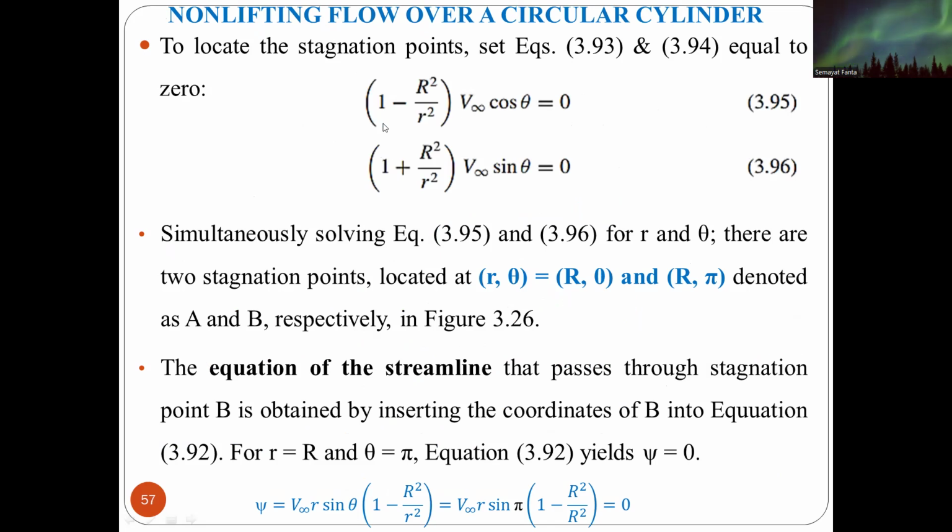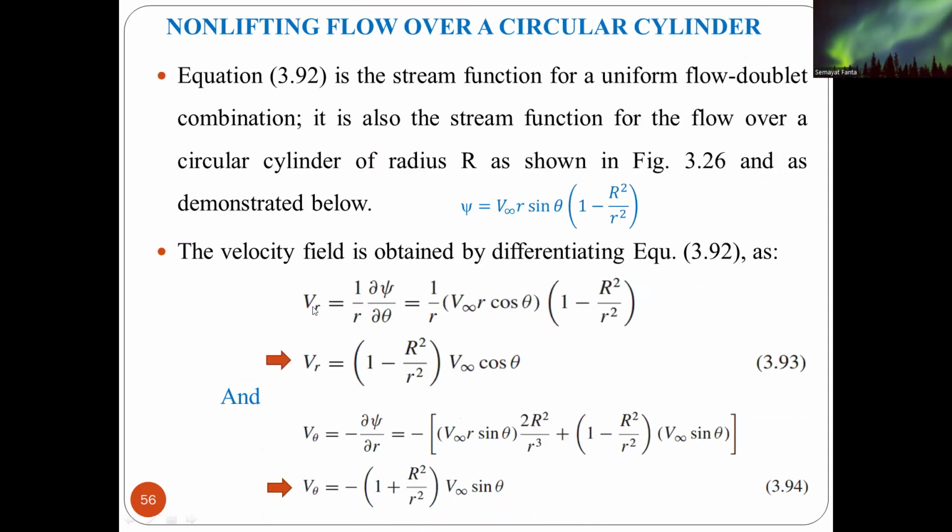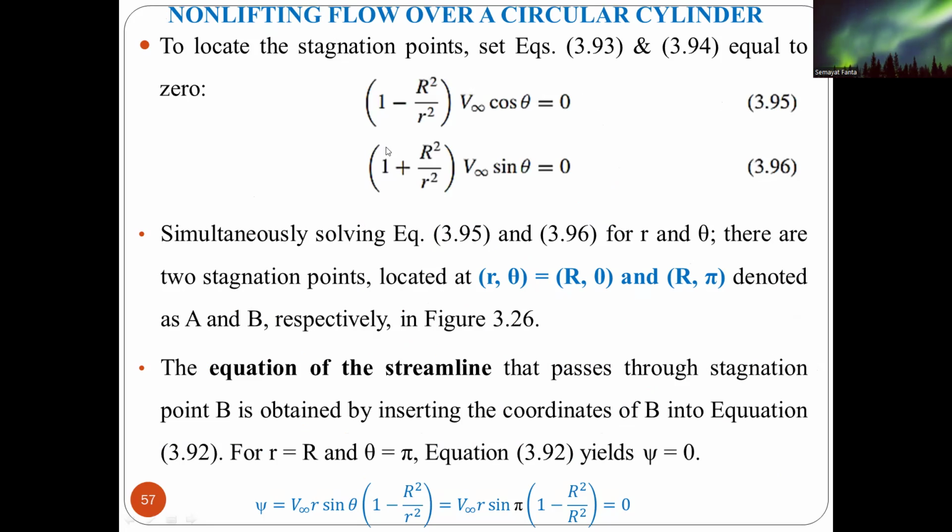Then we have to find where the stagnation points are. The stagnation point is the point where velocity is 0. So with the velocities we obtained, Vr is equal to 0 and V theta is equal to 0. When you equate them, you get two equations, which are the equations for the stagnation points.